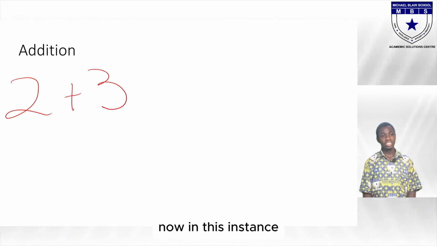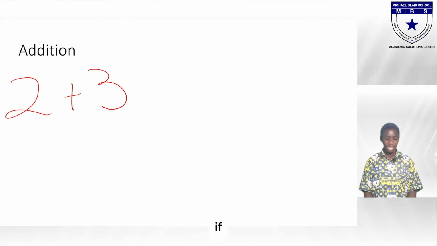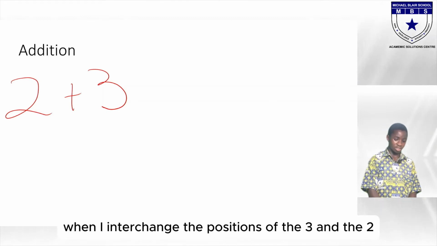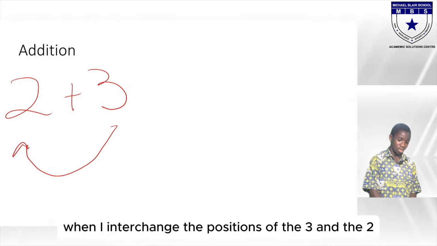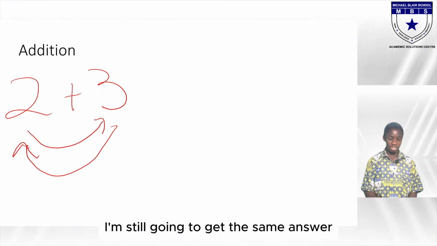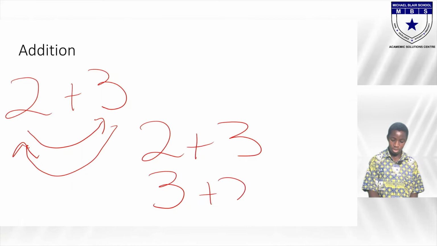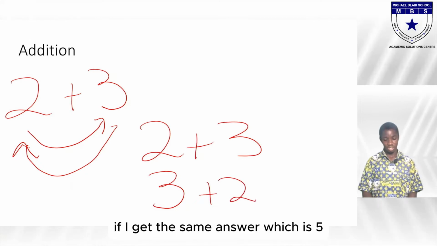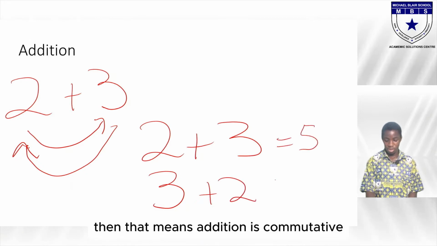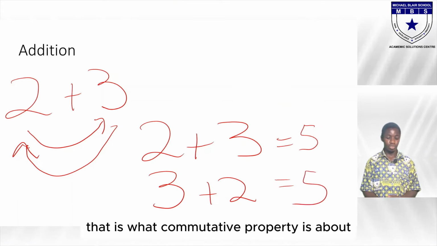Now, in this instance, addition is said to be commutative if when I interchange the positions of the 3 and the 2, I'm still going to get the same answer. So whether I do 2 plus 3 or 3 plus 2, if I get the same answer, which is 5, then that means addition is commutative. That is what commutative property is about.